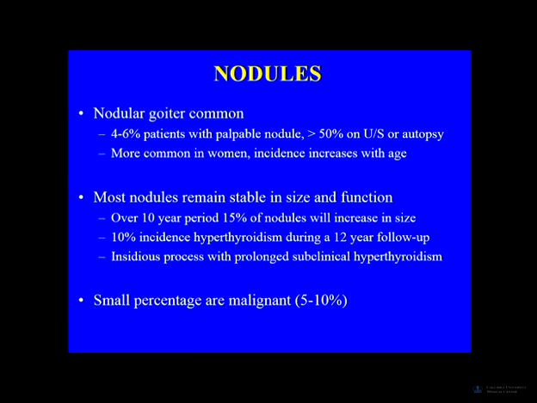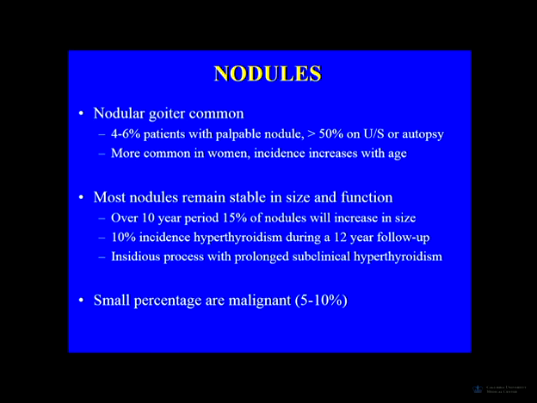Fortunately, most nodules that develop are stable both in size and function over time. Again, these are a little bit old studies, but I think they confirm the point. One study showed that over a 10-year period, only about 15% of the nodules assessed increased in size. Another study showed that there was about a 10% incidence of hyperthyroidism over a 12-year period.